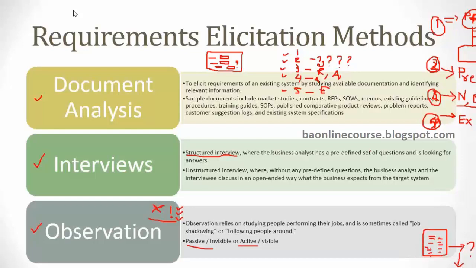Now, the second reason where you could go for a passive observation is, you want to understand where exactly the customer is getting stuck, right? You want to figure out if there is any point where this person is getting into unnecessary activities, or whether you can improve this process. So you want to figure out the behavior of that person using the system, right? From a usability point of view, you tend to go for these passive observations. You will figure out that some of the information might not be very clearly coming out on your screens.